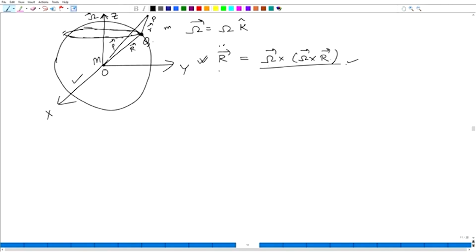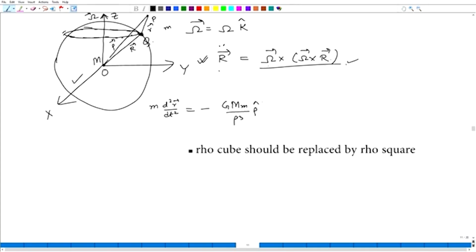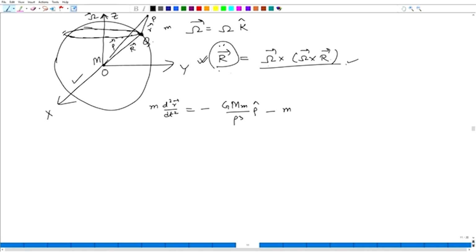Now I can write m d2 r dt2 equal to minus G capital M small m by rho cube rho cap, minus m, instead of r double dot, capital R double dot, I wrote omega cross r, and I can also write minus 2m omega cross v.